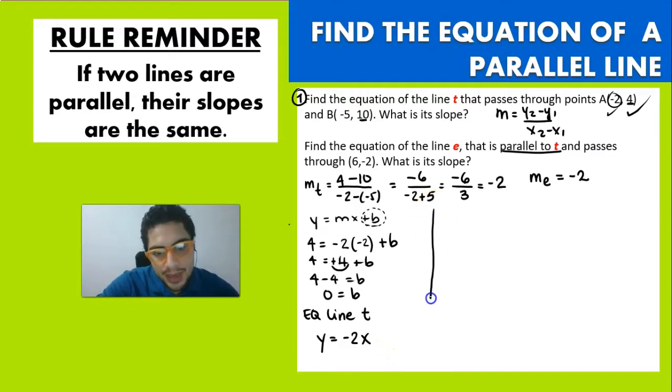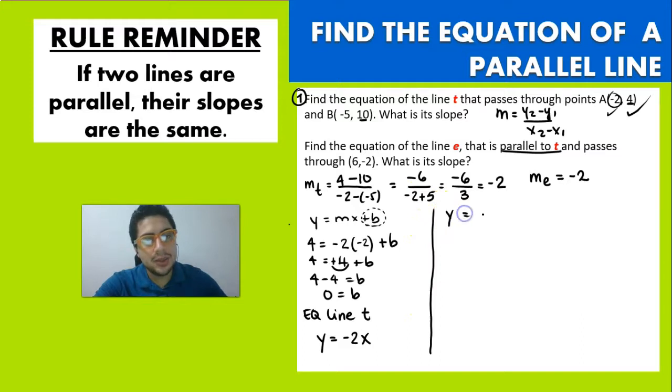Now we're going to do the same exercise with line E. We know that y is equal to mx plus b, right? So in this case, we know that y is going to be minus 2 because we're given that point, is equal to minus 2, which is going to be the slope of E, times x, which is going to be in this case 6, plus b.